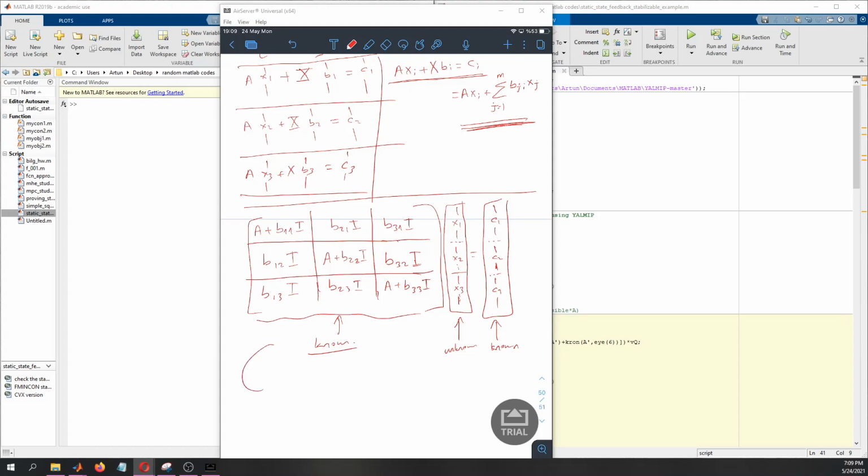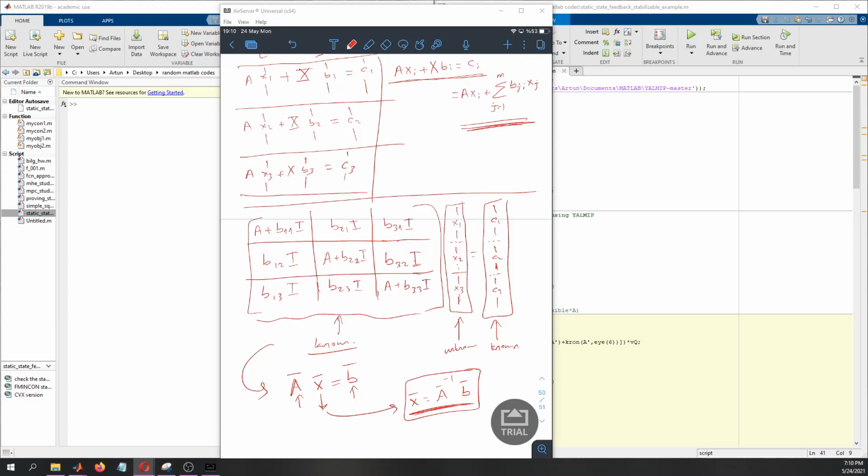Let me abuse some notation: let's call it A bar plus X bar equals B bar. This is known, this is known, we want to know this. So we managed to reduce proving the stability of a given LTI dynamical system to a simple matrix inversion operation at this point.